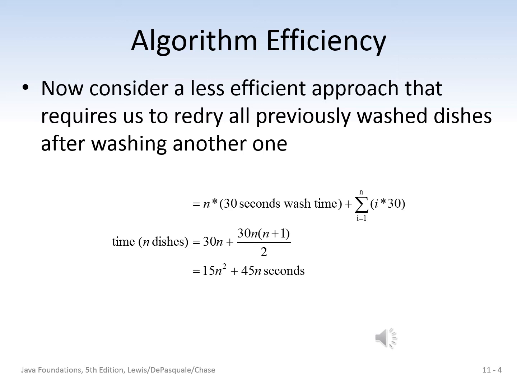So you'd have N times your 30-second wash time plus the sum from I equals 1 to N of I times 30. So the time for N dishes is 30N plus 30N times (N plus 1) over 2, which is actually 15N squared plus 45N seconds for N dishes.